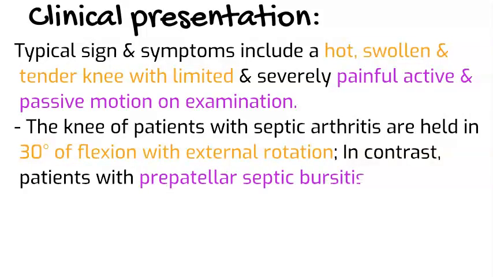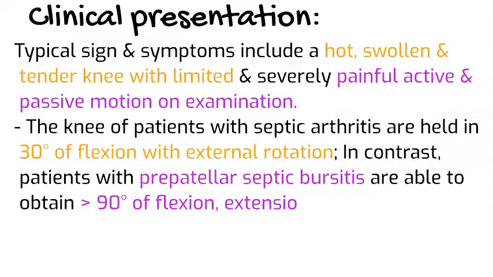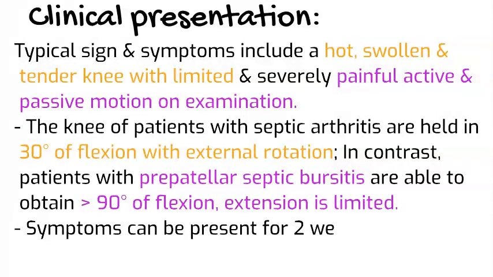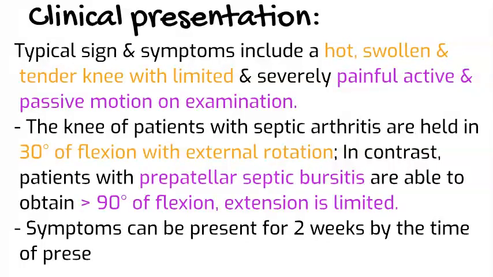In contrast, patients with prepatellar septic bursitis are able to obtain more than 90 degrees of flexion, but the extension is limited. Symptoms can be present for 2 weeks by the time of presentation to the doctor.